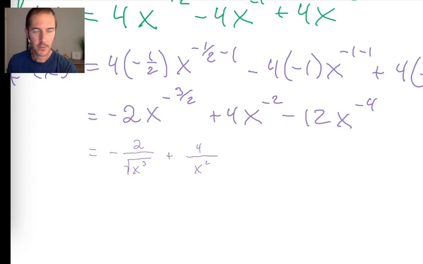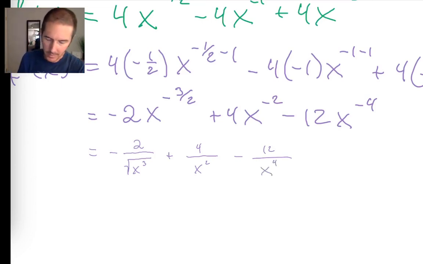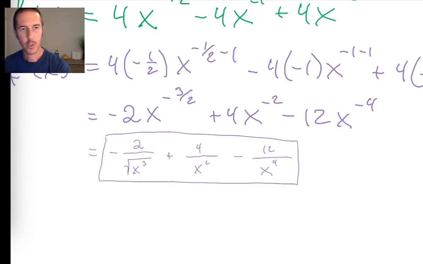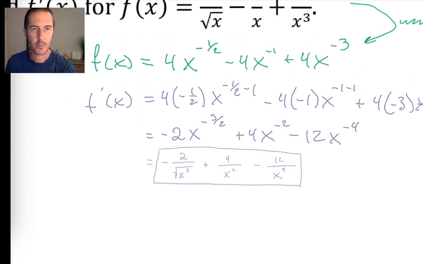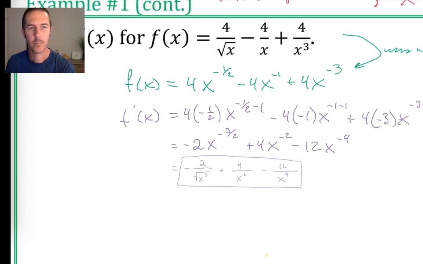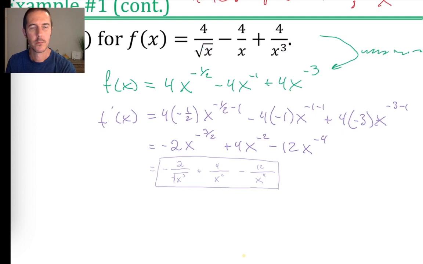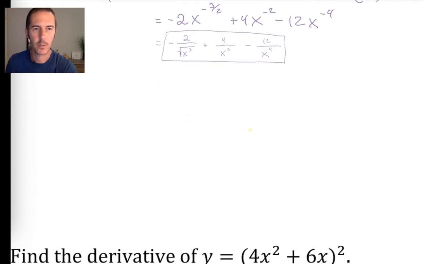The negative in the exponent pushed us into the denominator, and then the 2 came with it, became positive instead of negative, minus 12 over x to the fourth. My guess is that this is what you're going to be typing in as a final answer, or that you would see as a multiple choice option potentially. All right, looks good.